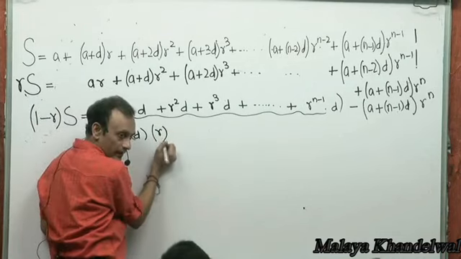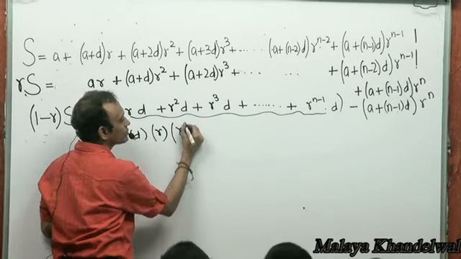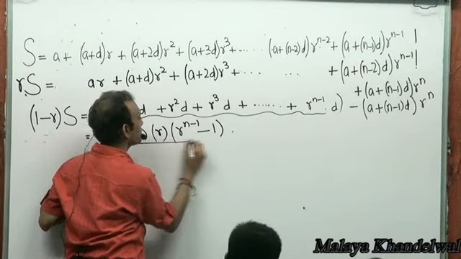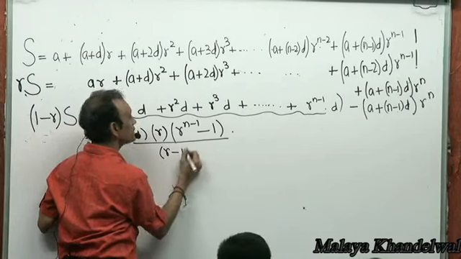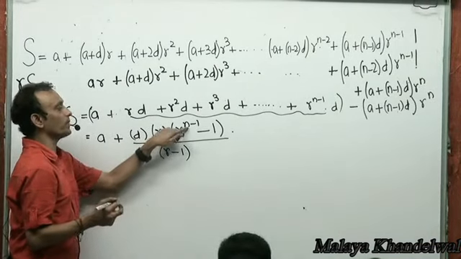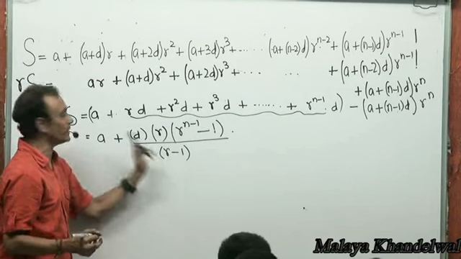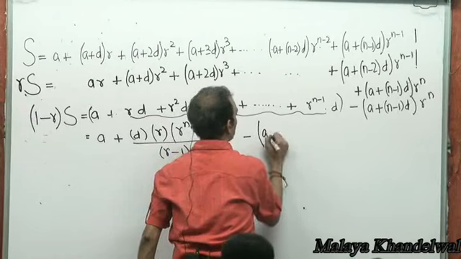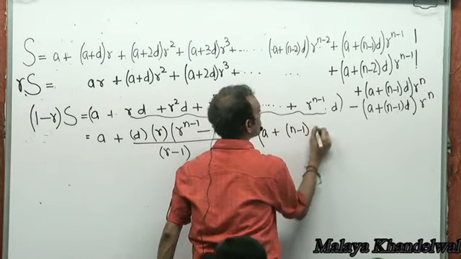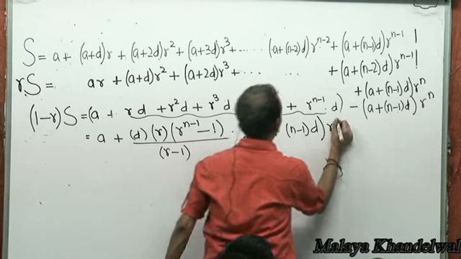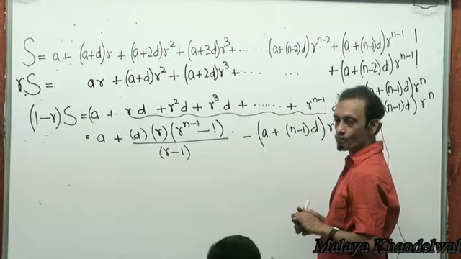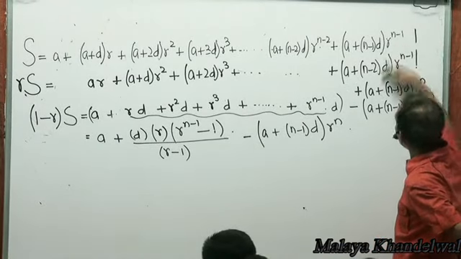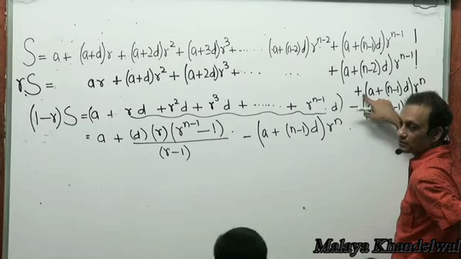So that's going to be D into R into R to the power n minus 1 minus 1 divided by R minus 1. That's going to be the summation of this portion, minus A plus n minus 1 into D, R to power n. If I subtract this minus this, so this will become minus, isn't it?